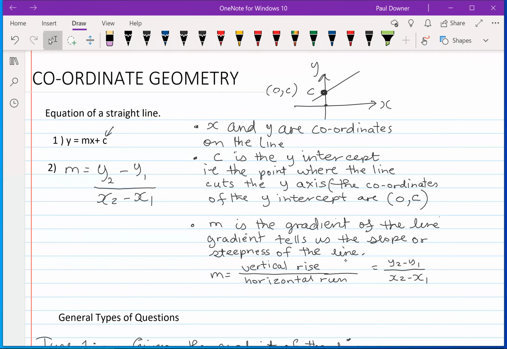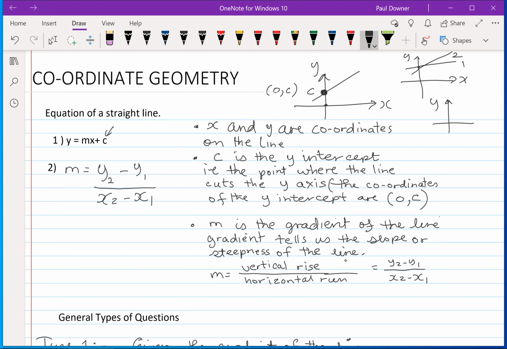So if I have this line here, its gradient might be, let's say, 1. If I draw another line like this, its gradient will be more than 1. It might be 2. And so you notice how it's sloping. Here's the y-axis and here's the x-axis.